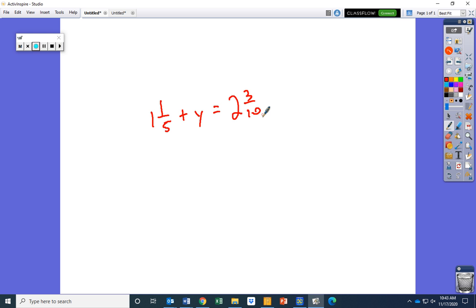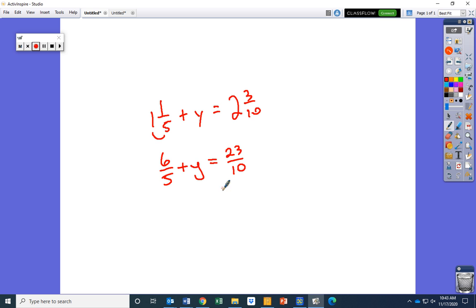Okay. What's the first thing you guys think I should do here before I start moving stuff around? Jada. Improper fractions. Let's make them improper, okay? So 5 times 1 is? And 5 plus 1? So 6 over 5 plus y equals 2 times 10? 20 plus 3?